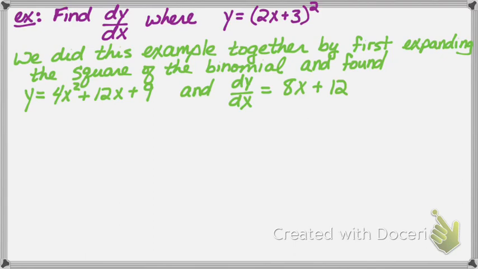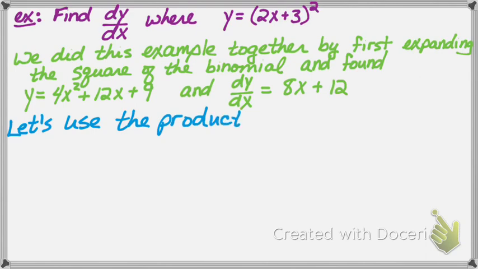Now let's do this problem where we use the product rule. So we are going to write (2x plus 3) quantity squared as (2x plus 3) times (2x plus 3).